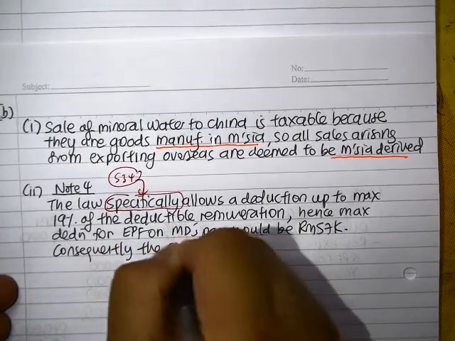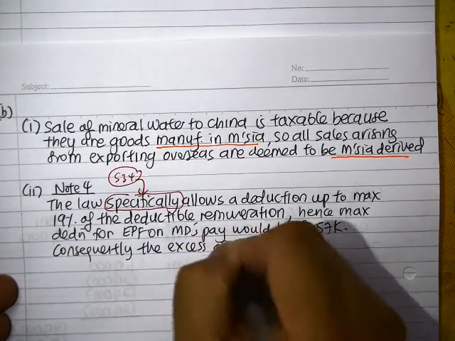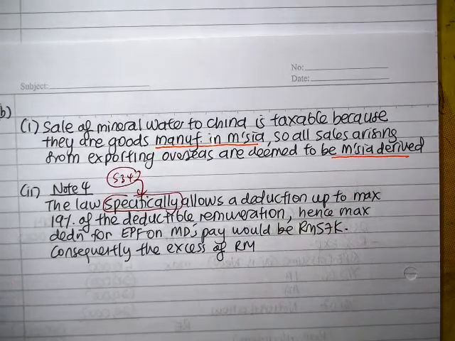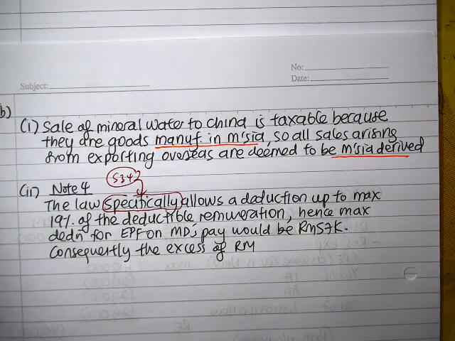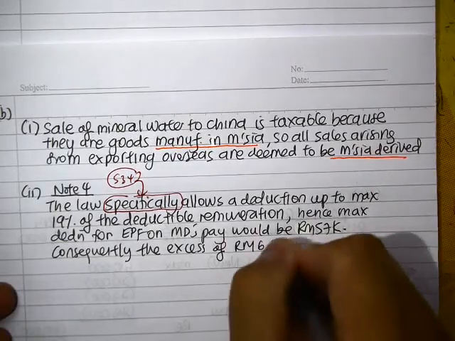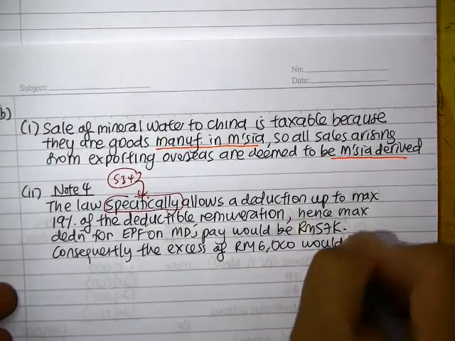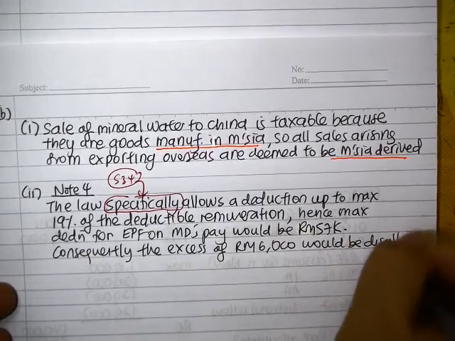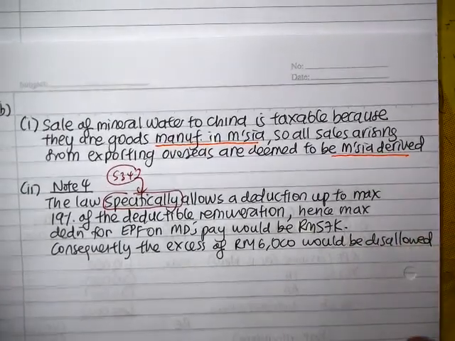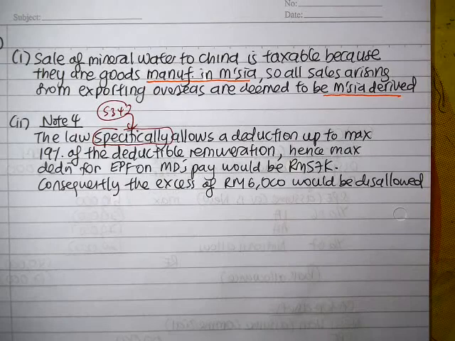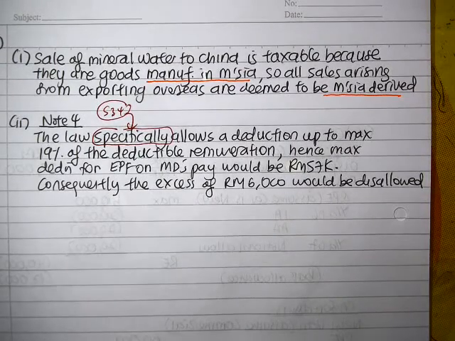Consequently, the excess of $6,000 would be disallowed. Okay, now that is note 4.